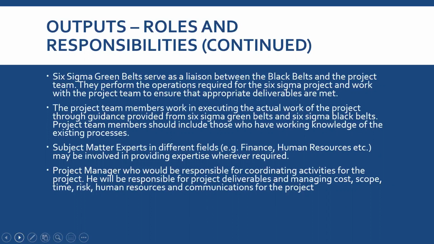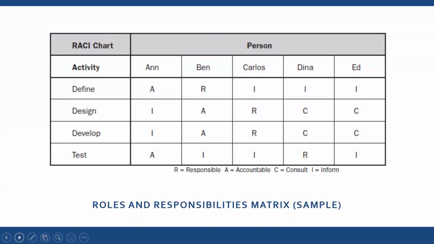The project manager is responsible for coordinating activities for the project. He will be responsible for the project deliverables and managing cost, scope, time, risk, human resources, and communication for the project. In order to fulfill these roles and be able to understand these roles, you need to create a simple matrix such as this, the roles and responsibility matrix, showing who is responsible for the activity, and who is in charge of each one of these.